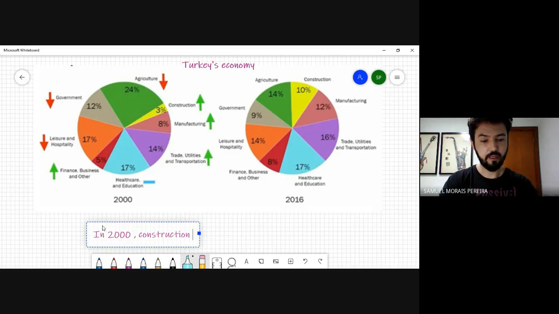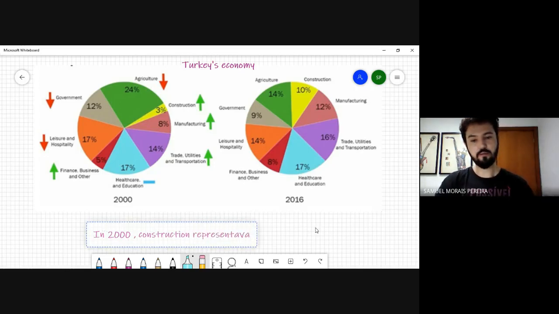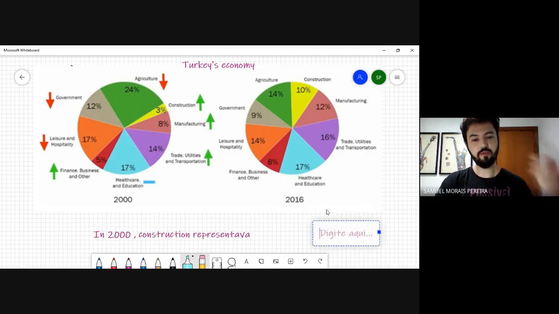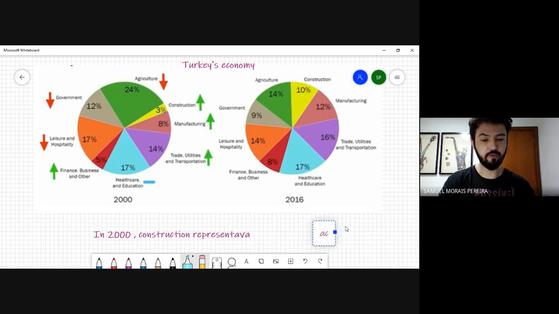Aí eu quero falar assim, ó, representava. I don't know if you remember, but I explained to you in our other class how to say representava nesses casos aqui. We have to use the verb account for. Account for is a regular verb, so we say accounted for. So, o que é accounted for? É a mesma coisa que represented.